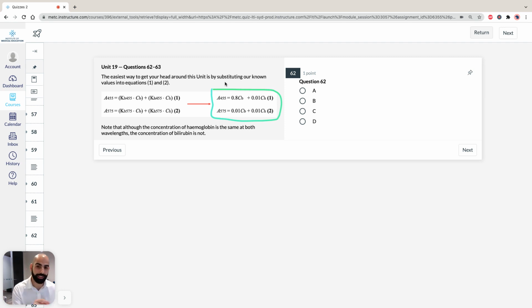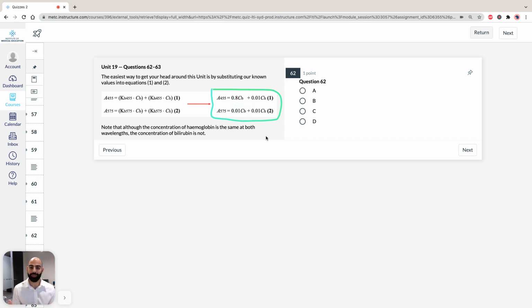Just by looking at these equations, they're pretty powerful, because what they're telling us is that at both 455 nanometers and 575 nanometers, the absorption of hemoglobin is going to be the same at both wavelengths, whereas the absorption of bilirubin is going to be different.